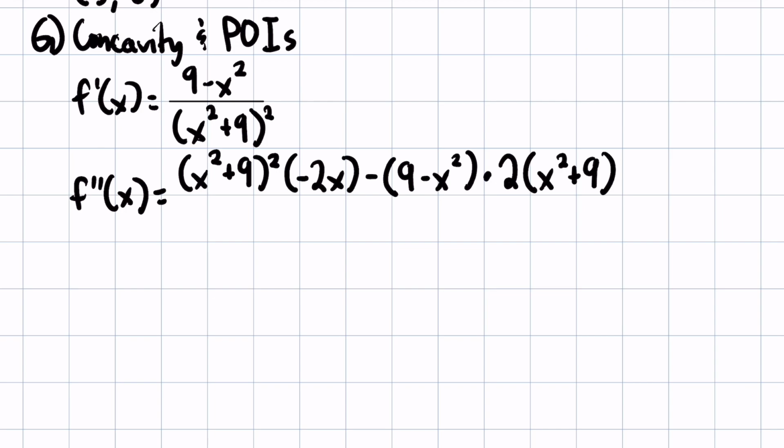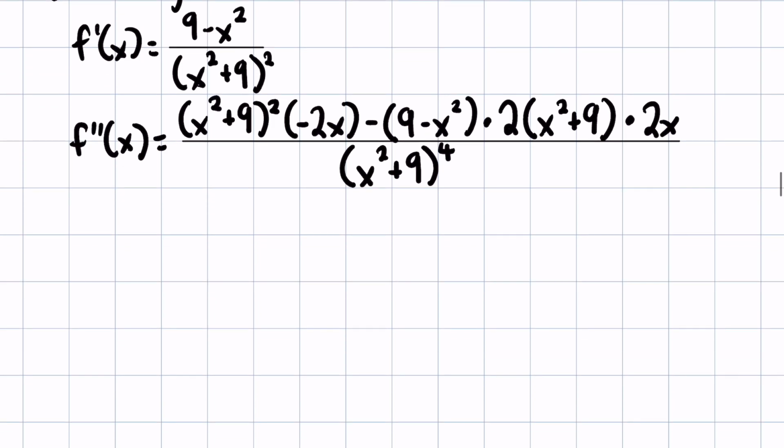And then we have to chain it with the derivative of x squared plus 9, which is 2x. And then low squared. So x squared plus 9 squared is going to be now to the 4th power. Then I'm going to distribute things out. So just kind of clean this up a bit.